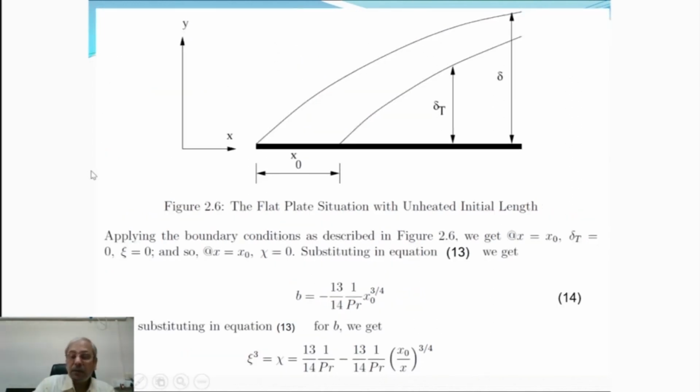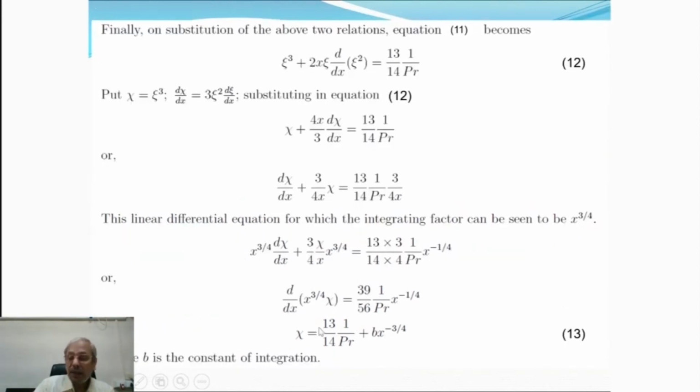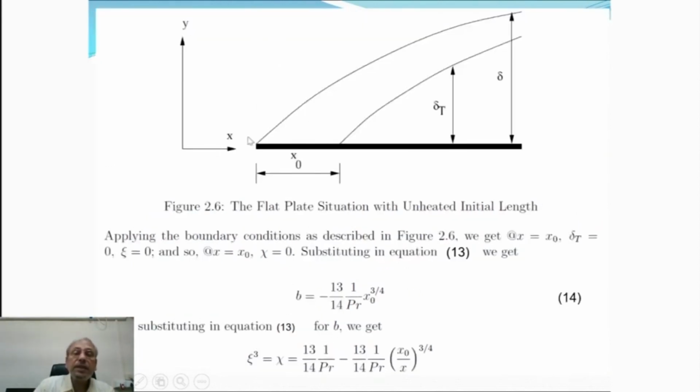So this is the equation, and the situation is we have both velocity boundary layer and thermal boundary layer. Now here we can consider a small unheated length from where the heating starts, and beyond that the thermal boundary layer starts growing.